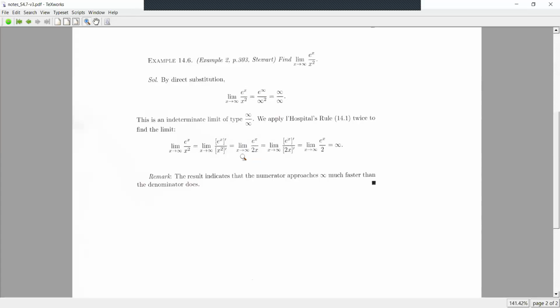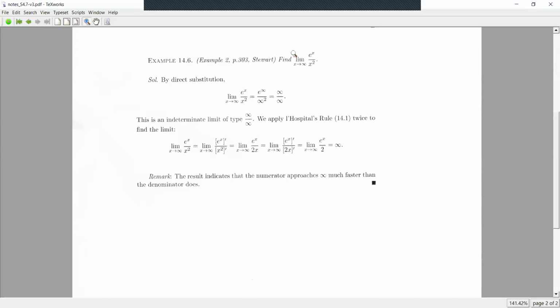So this limit is an indeterminate of type infinity over infinity, so we can apply L'Hopital's rule again. Take the derivative of the top and the derivative of the bottom. Then we get this limit. Now as x approaches infinity, e^x approaches infinity. The denominator is a constant, so the whole quotient will approach infinity.